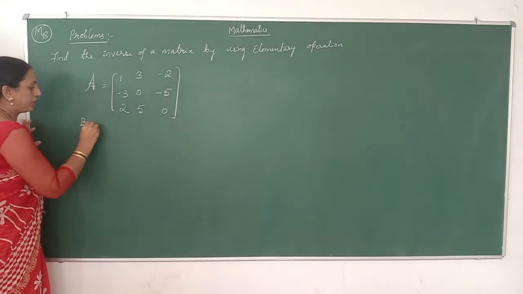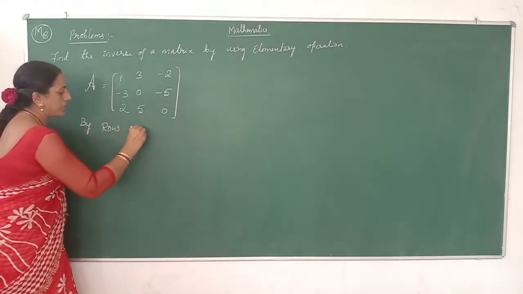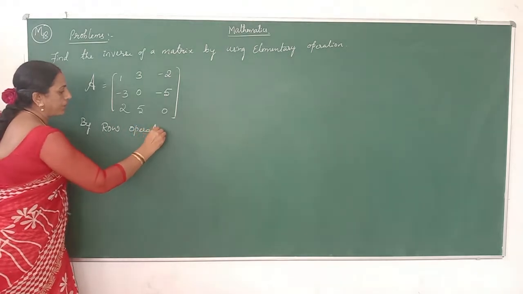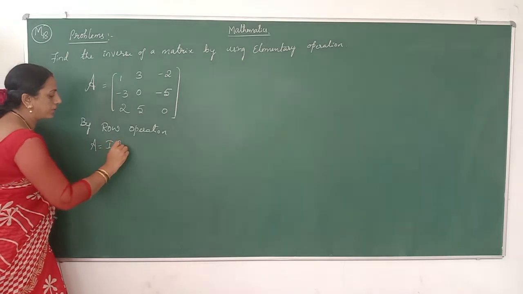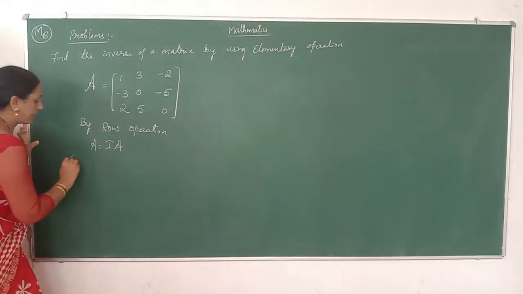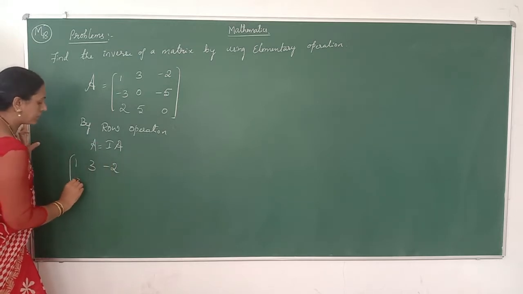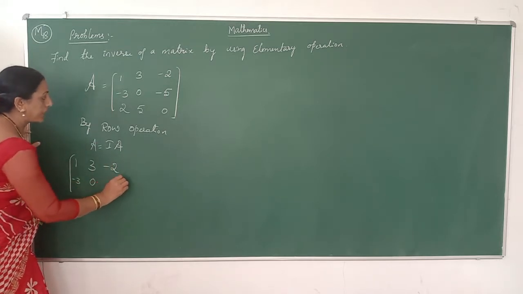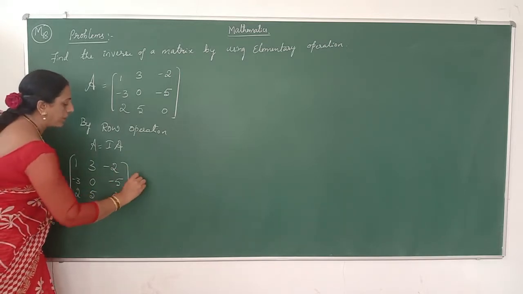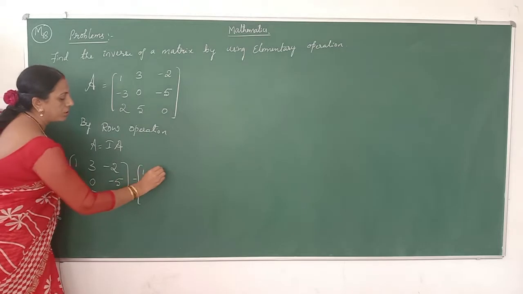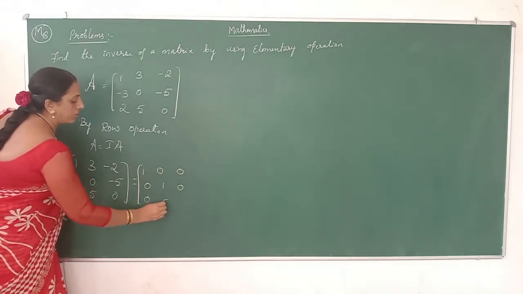Now, by using elementary row operation, I is equal to A is equal to I into A, where A is nothing but 1, 3, minus 2, minus 3, 0, minus 5, 2, 5, 0, and identity is nothing but 1 0 0, 0 1 0, 0 0 1.